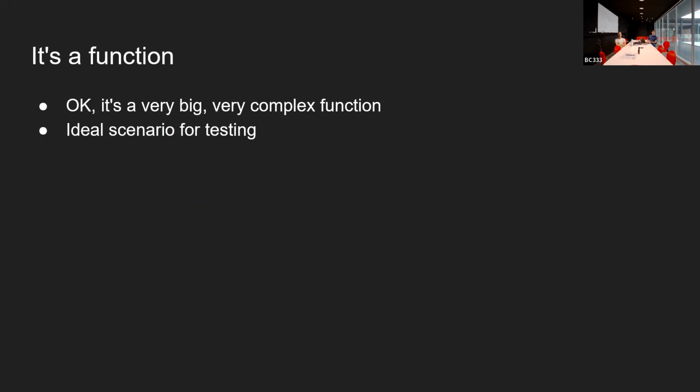And we know that this is an ideal scenario for testing, right? We have inputs, outputs, and in the middle, it doesn't really matter all the details of what's happening. All we really care about is whether for the given input we have the expected output. And normally, this is deterministic.